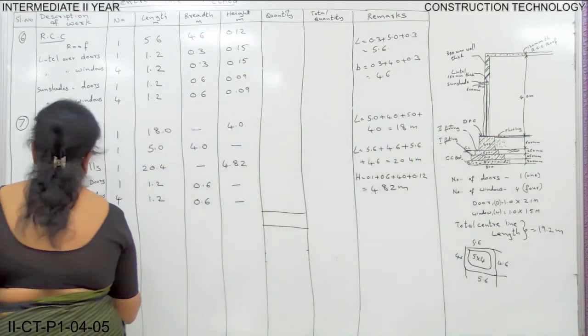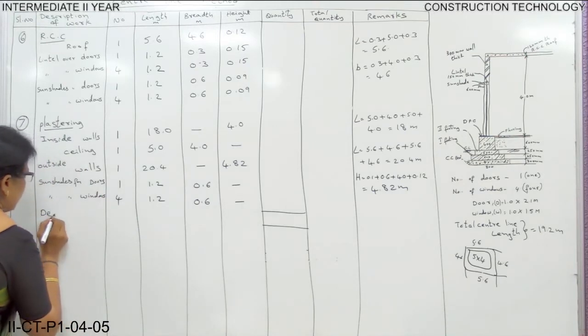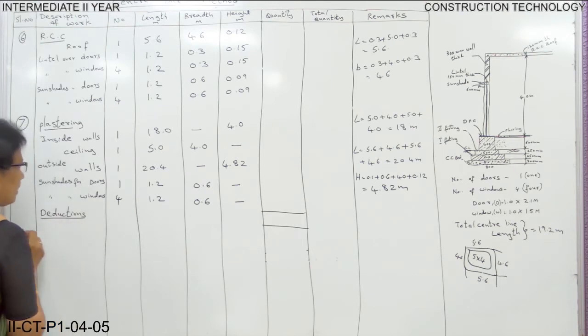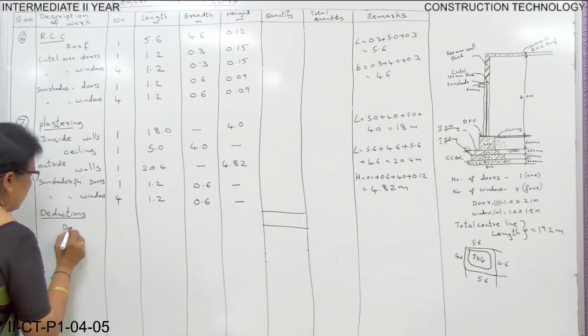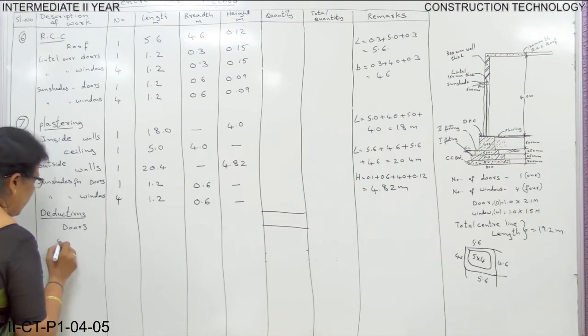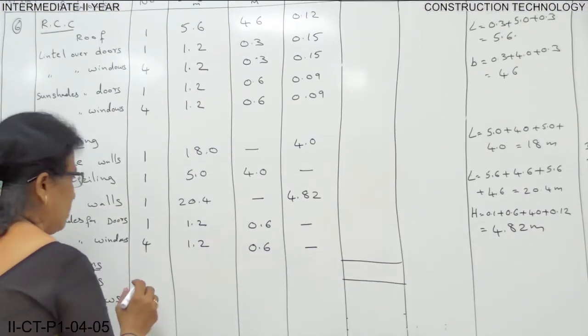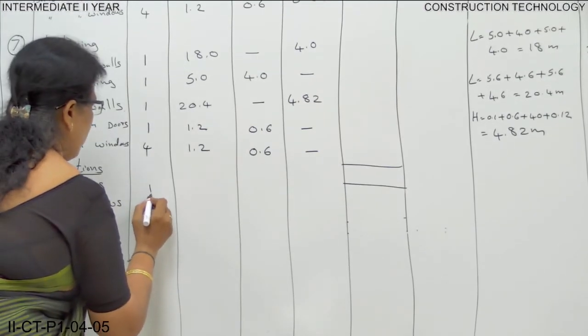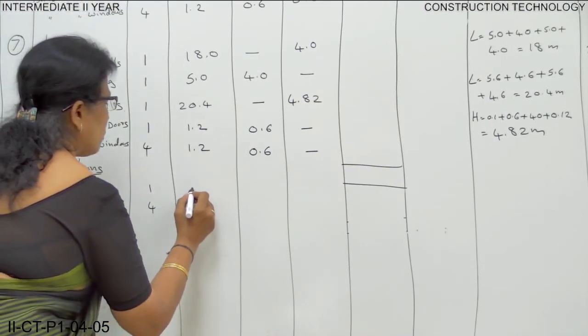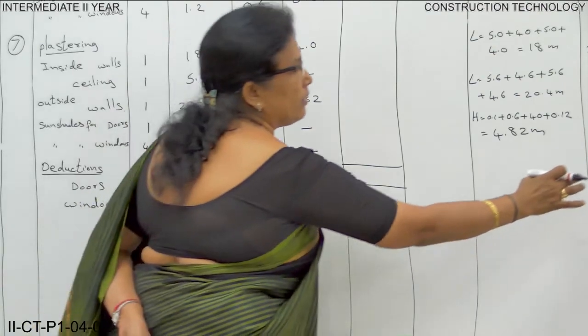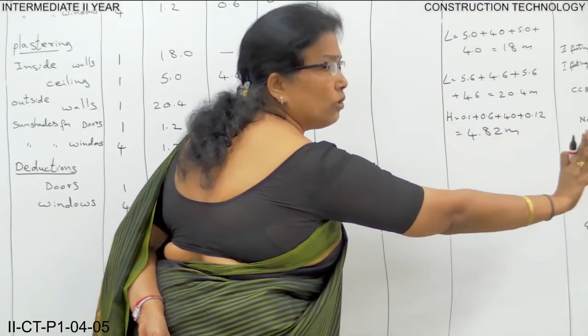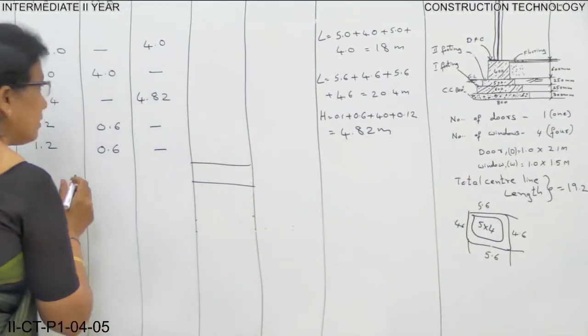So now deductions for doors and windows. Doors 1, windows 4. So here you have to take the length of the door. You should not add any projections or anything.